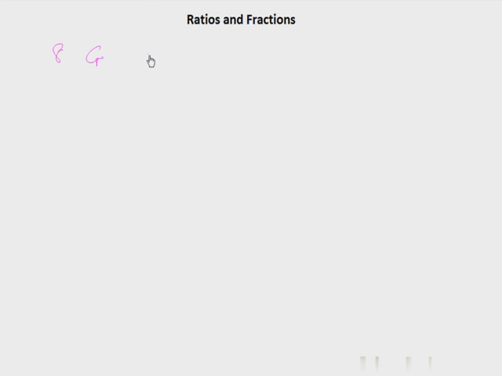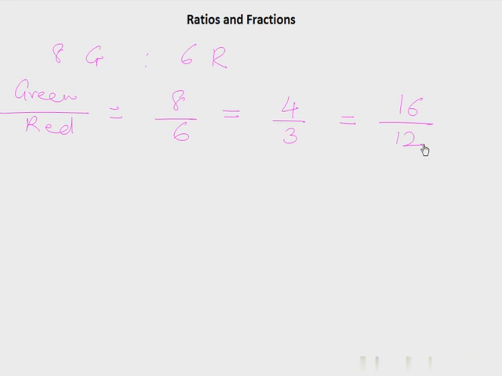So 8 green to 6 red can also be written as green upon red is equal to 8/6. So the fraction of green baskets to red baskets is 8/6. And now we can reduce this to 4/3, or we can hike this up to 16/12. So when you write it as fractions, then the equivalent ratios become easy to understand.